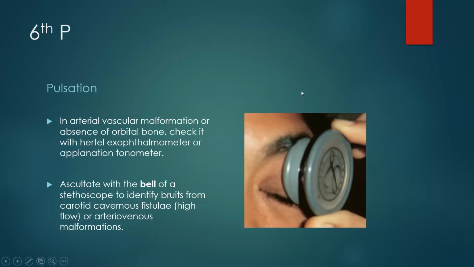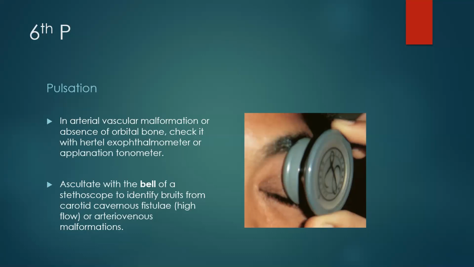The sixth P is pulsation. In arterial vascular malformation, or in cases of absence of orbital bone, you have to use the Hertel exophthalmometer or applanation tonometer to see the pulsating globe.